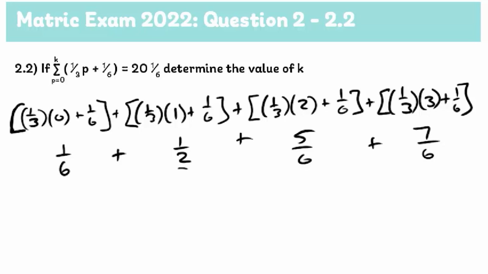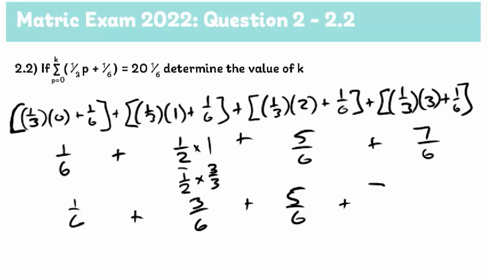So now the question is, how do we convert it to a 6? It must have a denominator of 6. Basically all we do is times by 1. Actually, what we're going to do is times by 3/3, and then that'll be 3/6. So we've got 1/6 there, 5/6 there, and 7/6. And then you can see term 1, term 2, term 3, and term 4.